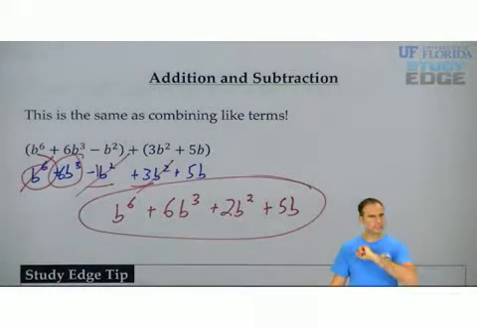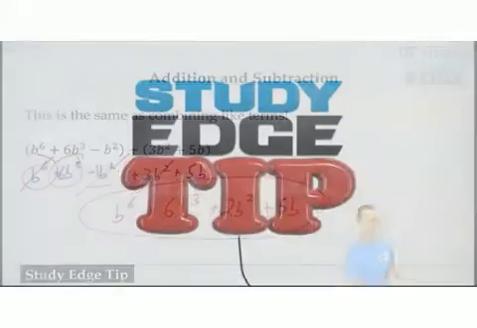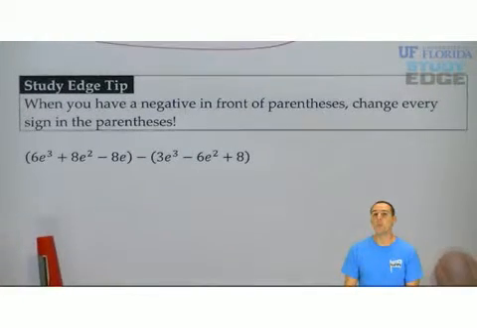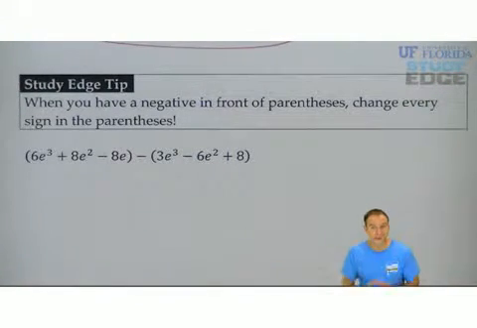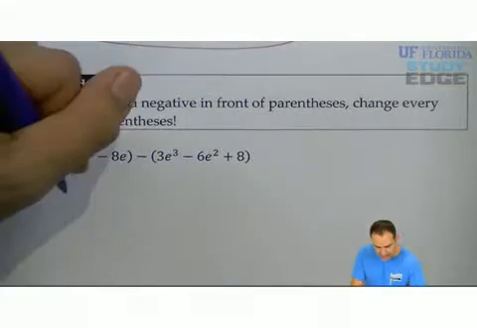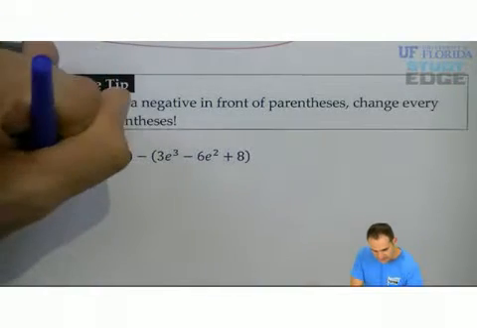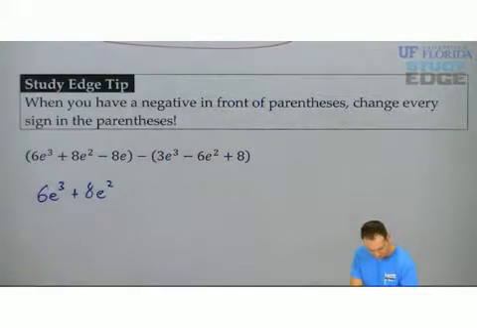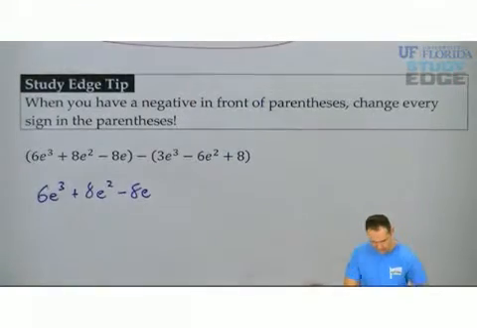But for subtraction, I've got just a little study edge tip for you. When you have a negative in front of a parentheses, change every sign in the parentheses. Meaning, in this case, I have got, let's see, 6e to the 3rd power plus 8e to the 2nd power minus 8e.